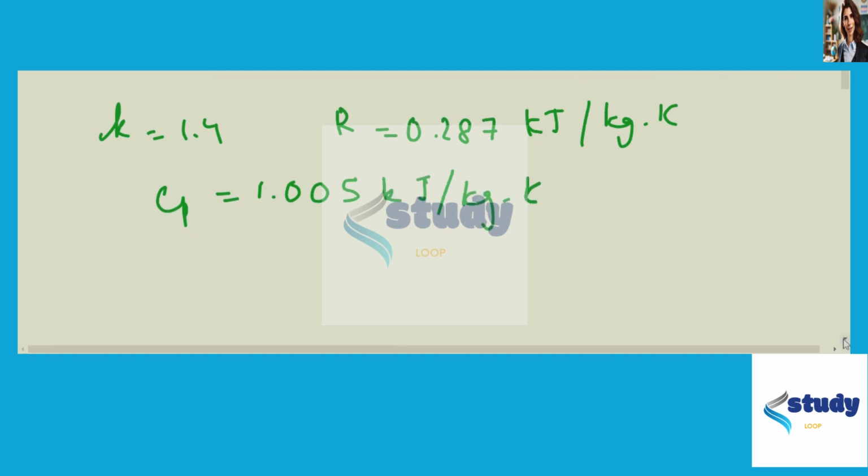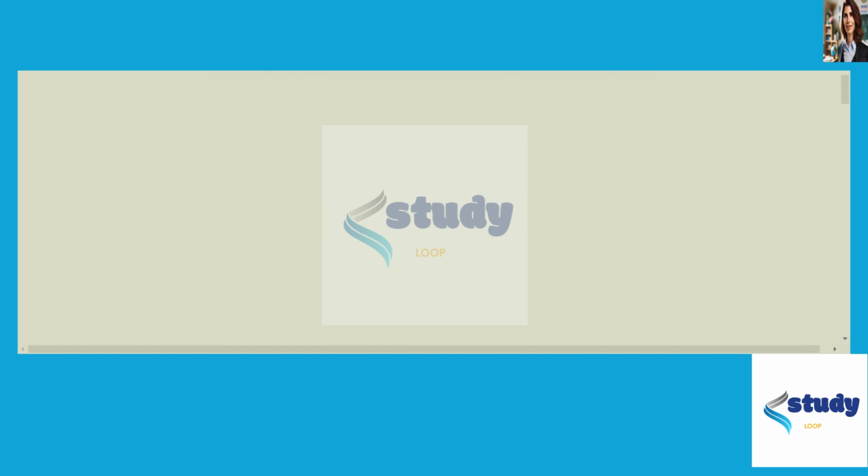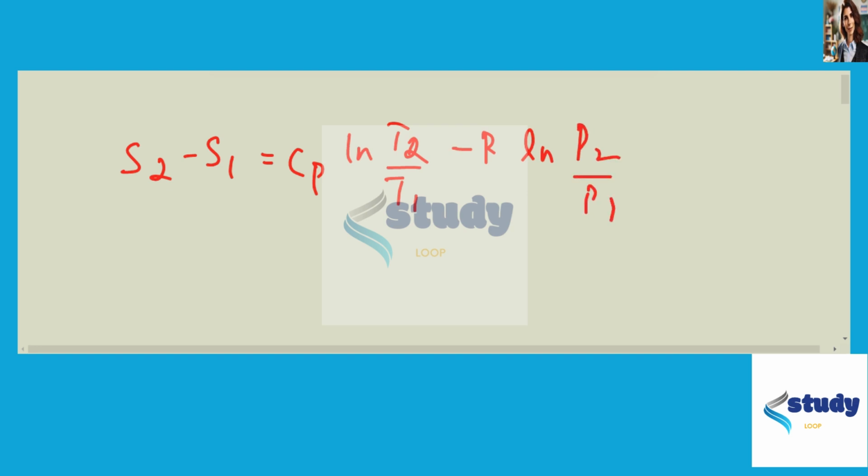So when we do the analysis, the entropy change across a shock is determined by S2 minus S1, and that is Cp ln T2 upon T1 minus R ln P2 upon P1.